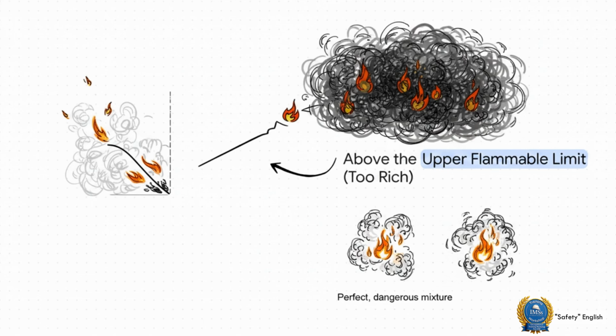This is the absolute maximum proportion of vapor in the air. Above this limit, a flame won't travel because the mix is too rich. There's way too much vapor and just not enough oxygen to burn. You absolutely need that Goldilocks zone right in the middle, the flammable range, for a fire to happen.